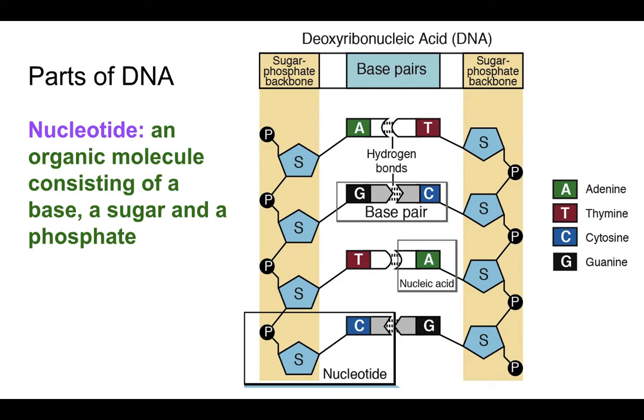That's the sugar phosphate backbone. And then each step is a nucleobase. So that C right there, that is a base. And so all three of those together make a nucleotide. All of the nucleotides stacked together make DNA. So a nucleotide is an organic molecule consisting of a base, a sugar, and a phosphate.